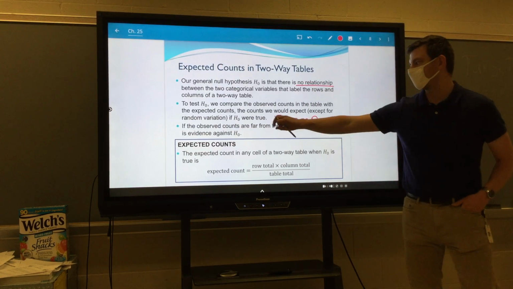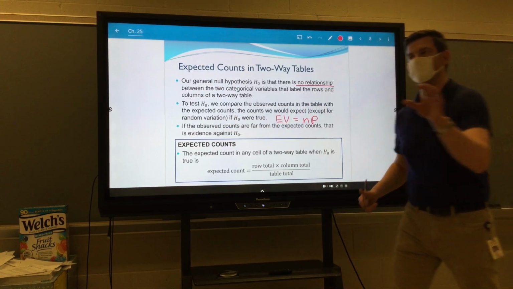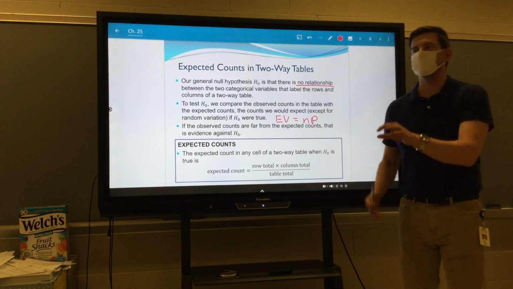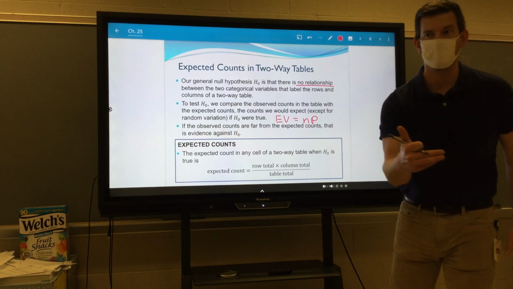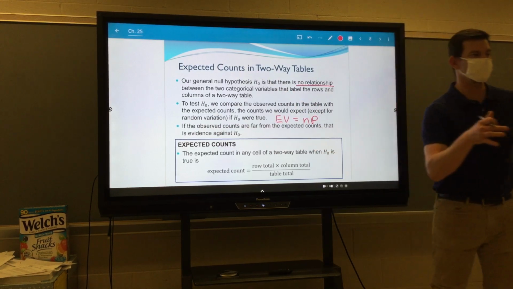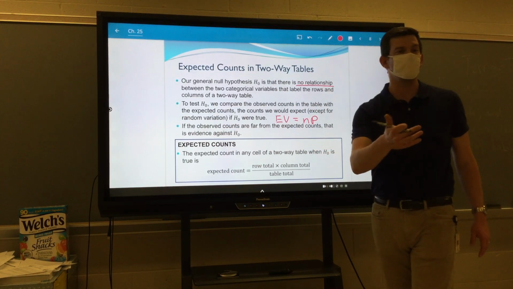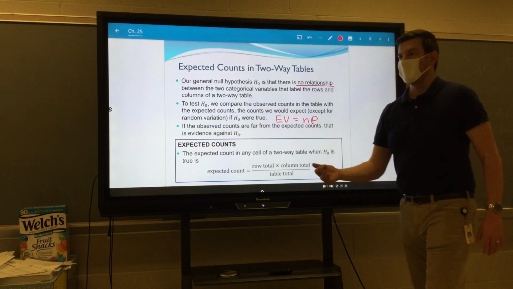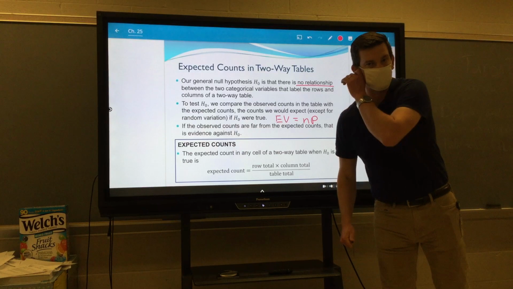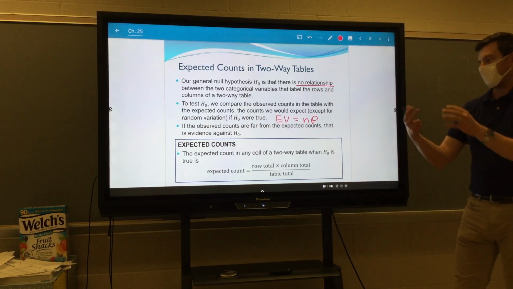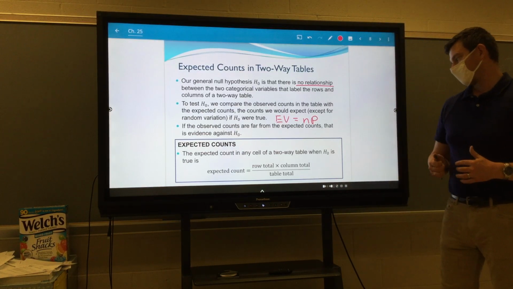As a version of this, we have two variables that we are considering and essentially testing their independence. This chi-square test that we're doing right now is called a chi-square test of independence. So if they are independent, we should be able to multiply them like this and get that expectation.